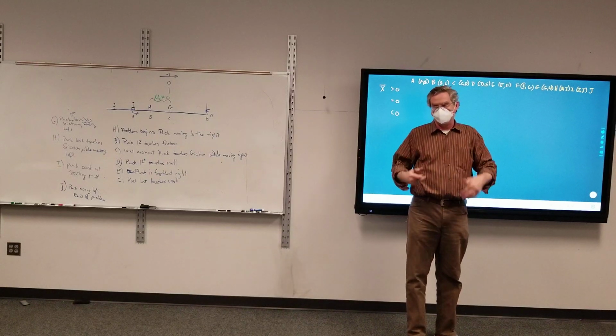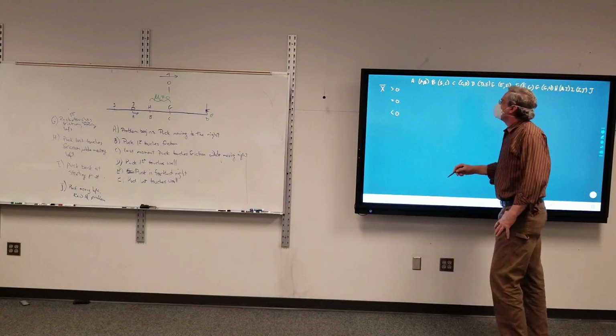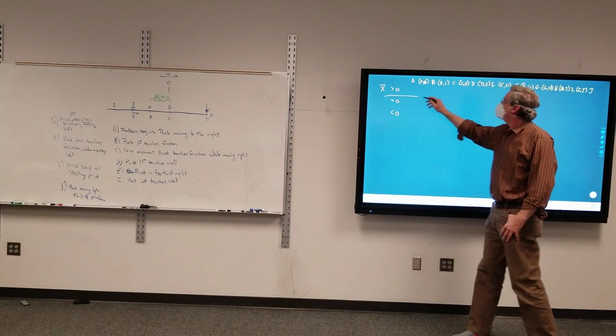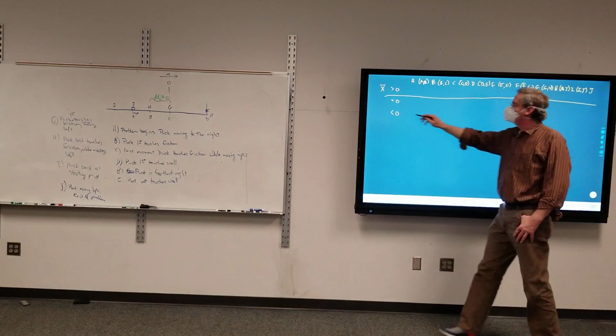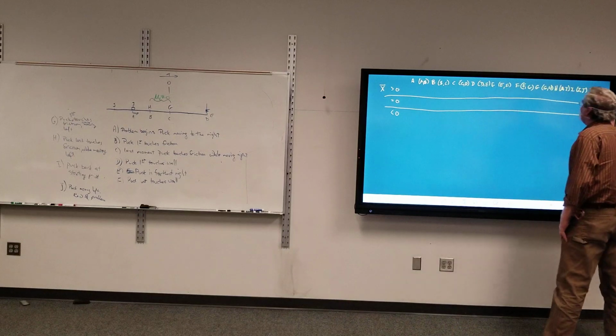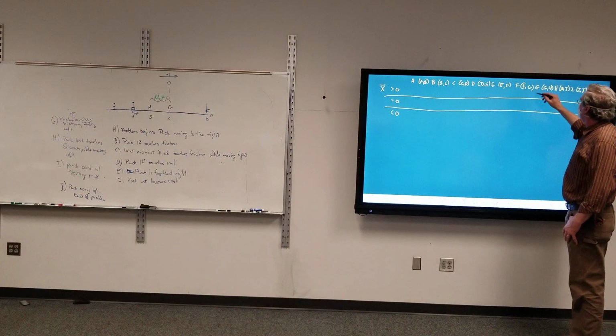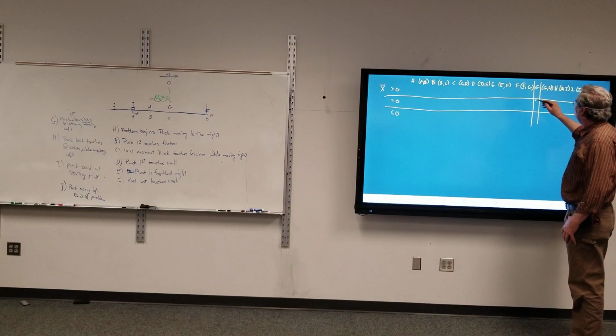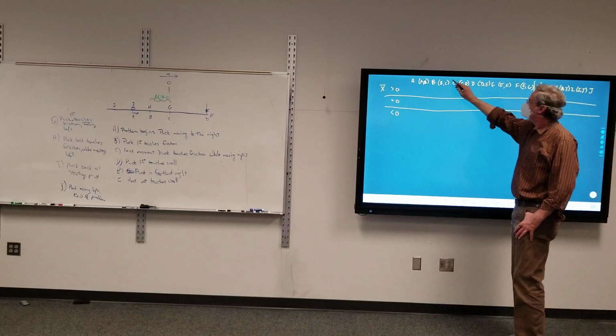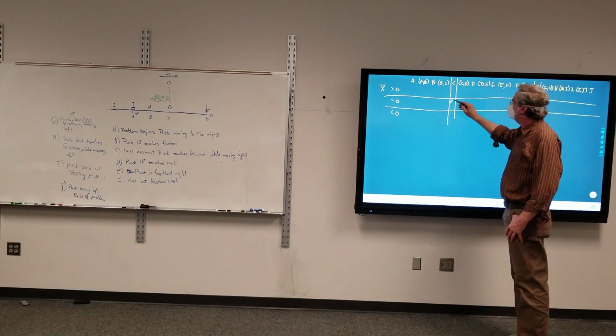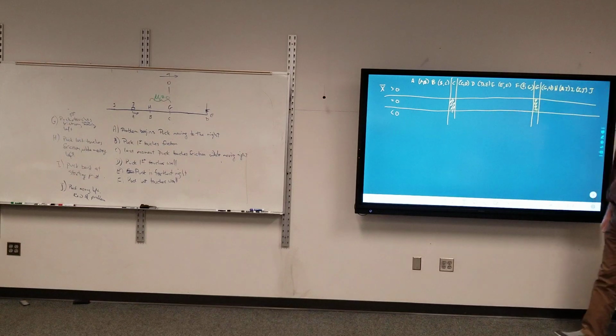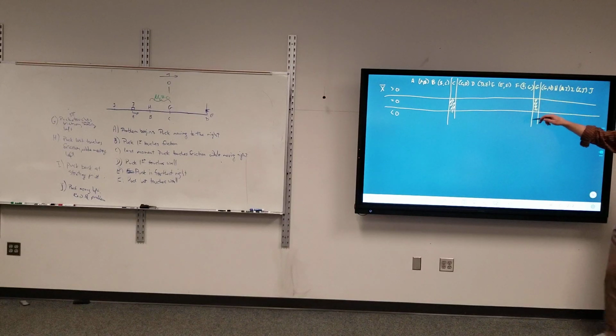This is one of them. So at G, it is 0. And at C, it is 0. All I've done is just shaded in the region below G and below C.